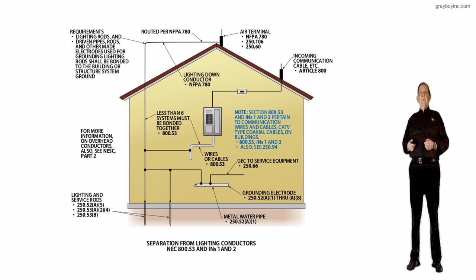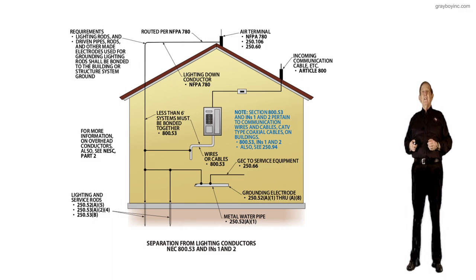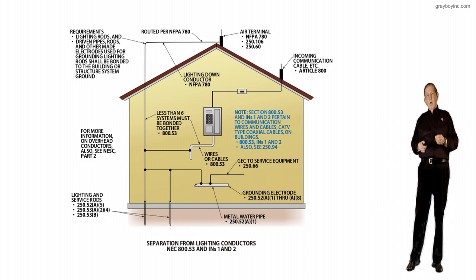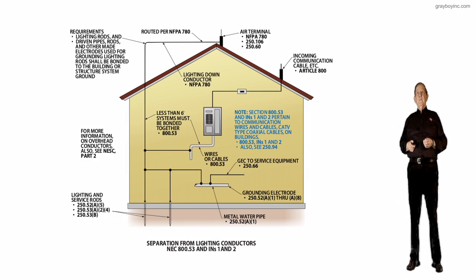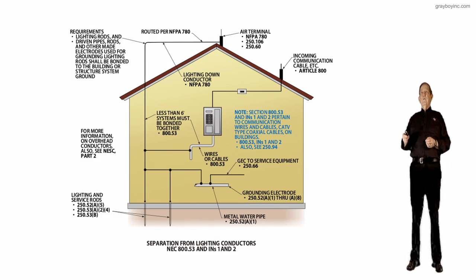Now, what they're saying with this new rule, you need a separation here of not less than 6 feet, or they must be bonded together, as you see in the call out, less than 6 feet. Systems must be bonded together as required in 800.53.